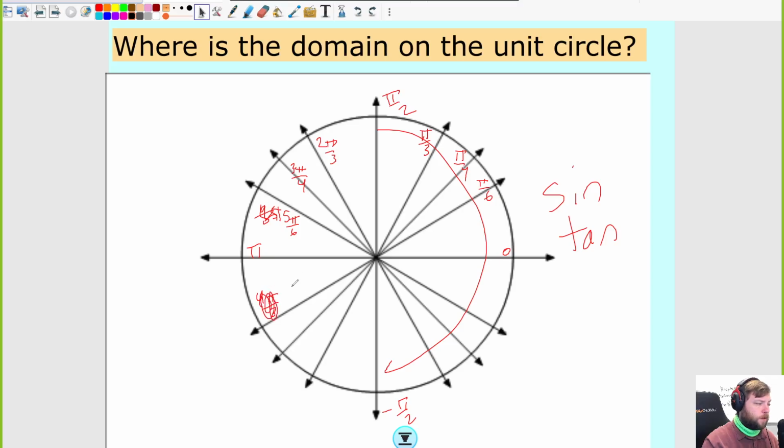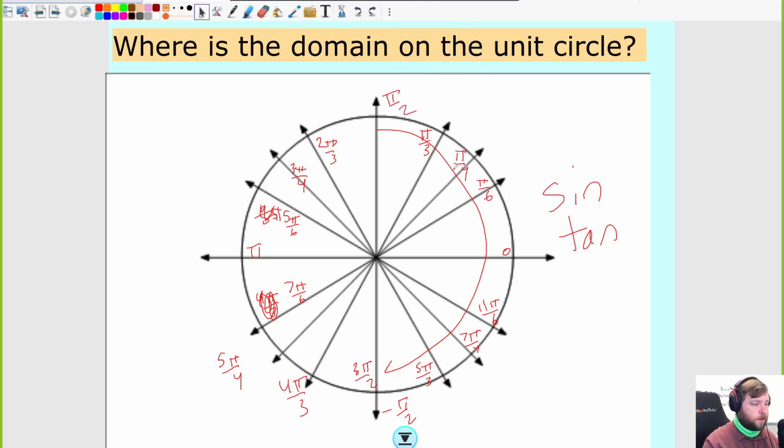No. It's going to be 7 pi over 6. This is 5 pi over 4. This is useful to memorize. 4 pi over 3. This is going to be 3 pi over 2. 5 pi over 3, 7 pi over 4, and this is 11 pi over 6. Okay, I've done this forever. That's why I know this.